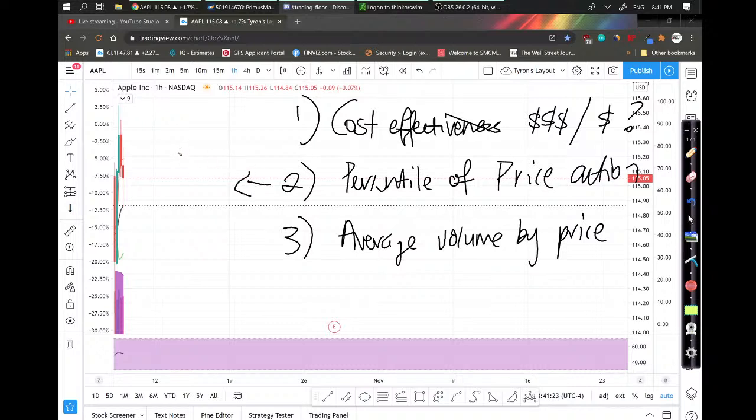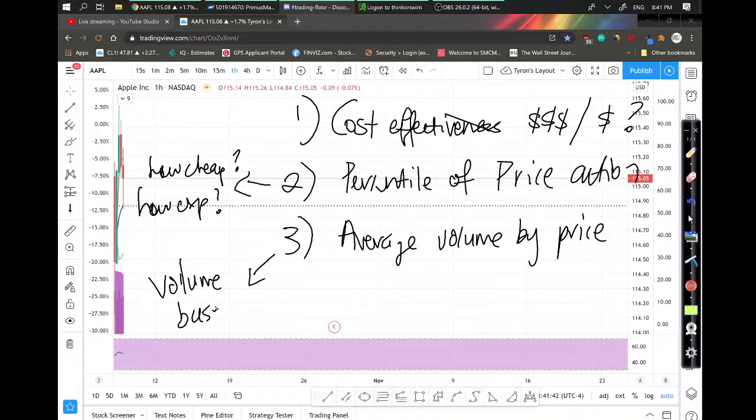How expensive and how cheap? All right, and next, how many people are trading this? So the volume base. These are the key things that the VWAP helps you understand in day trading.